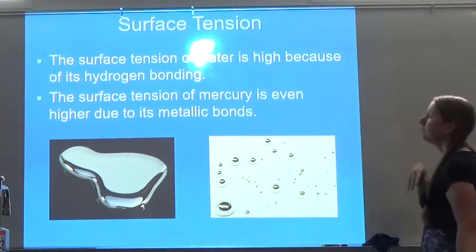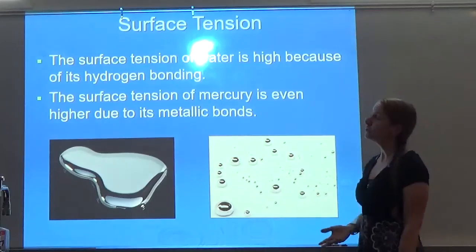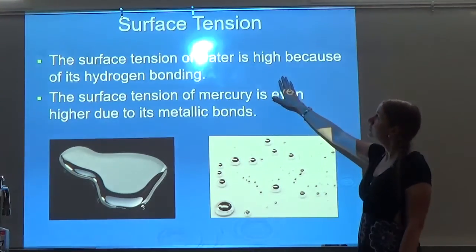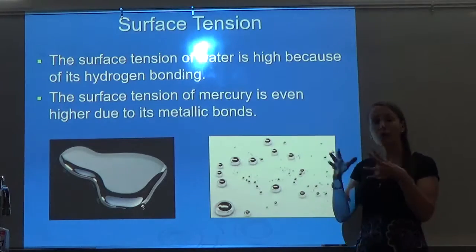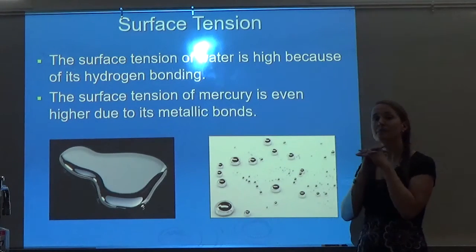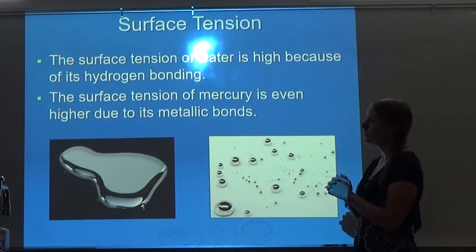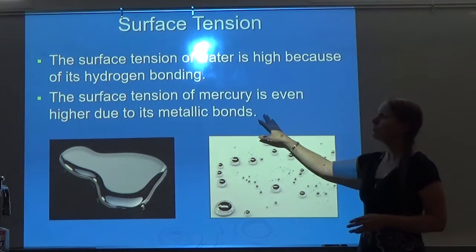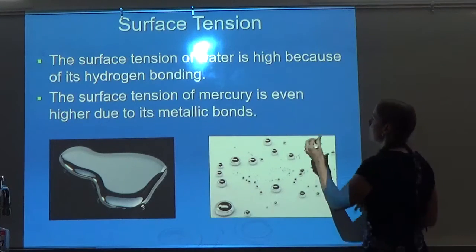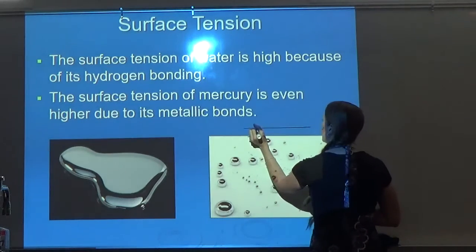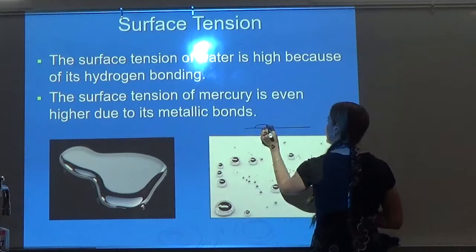So this brings us back to surface tension, which I know we've already talked about. The surface tension of water is high because of its hydrogen bonding. Those water molecules are attracted by strong intermolecular forces to one another. The surface tension of mercury is even higher due to metallic bonding. You've all seen where you put a drop of water on a counter and it kind of beads up like this.